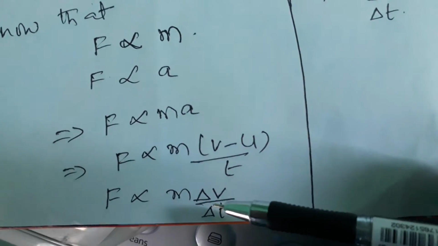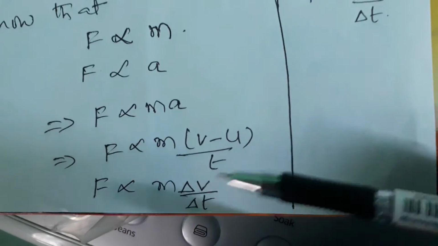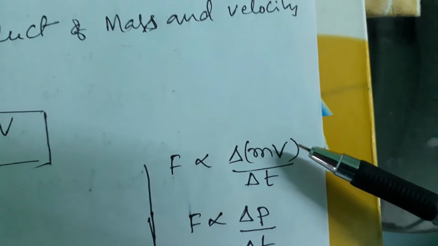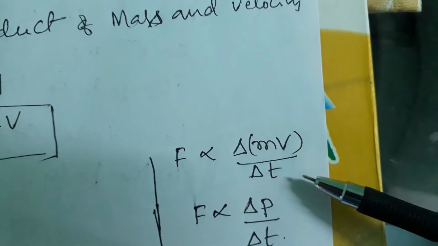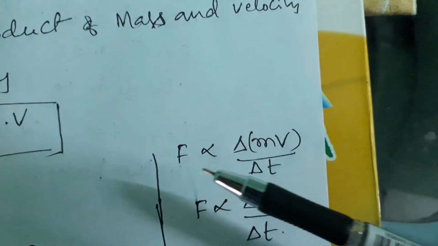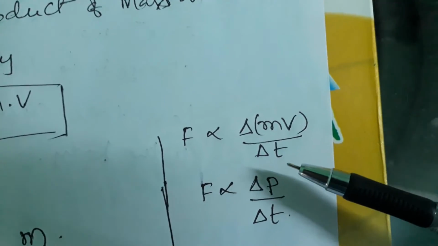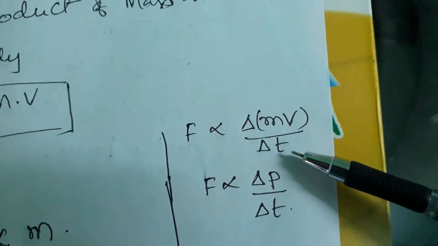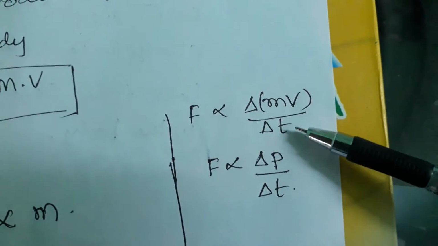Here the delta is kept outside and the mass brought inside. It is no problem to write like this, because when we apply force, the mass of the body will not change, only the velocity changes. So we write delta mv by delta t, in a particular time due to force.